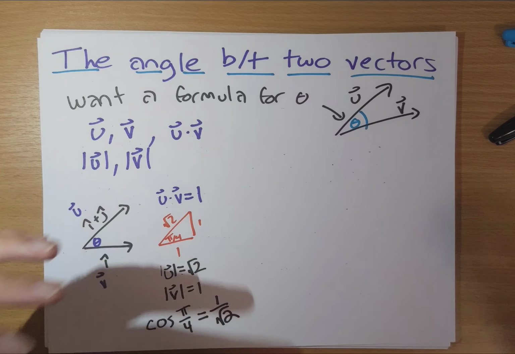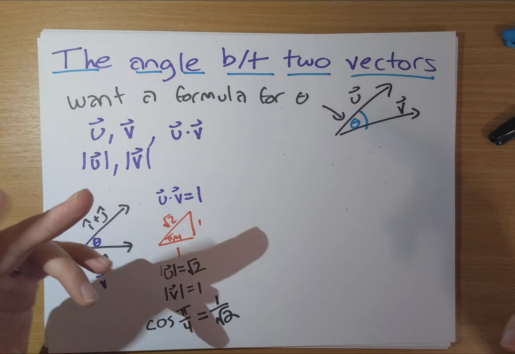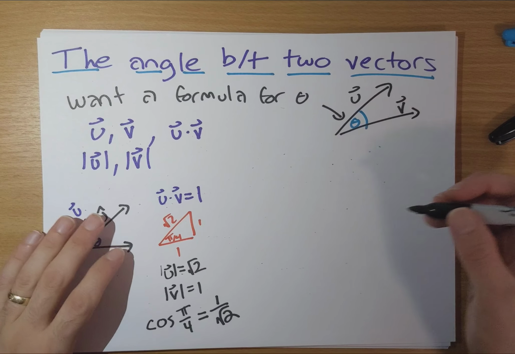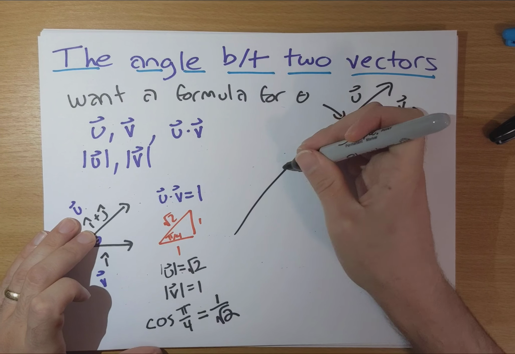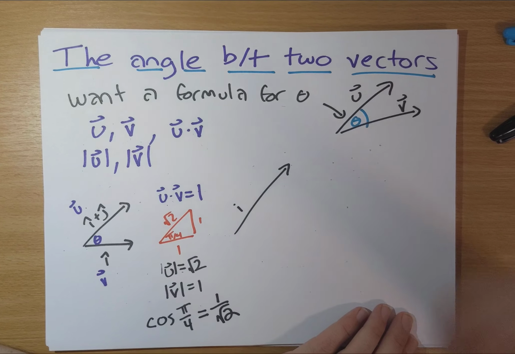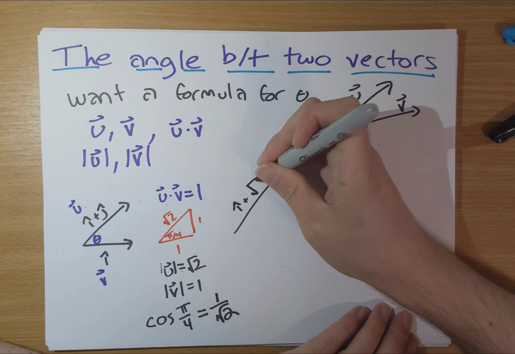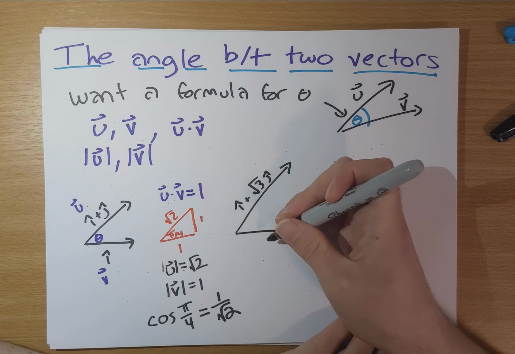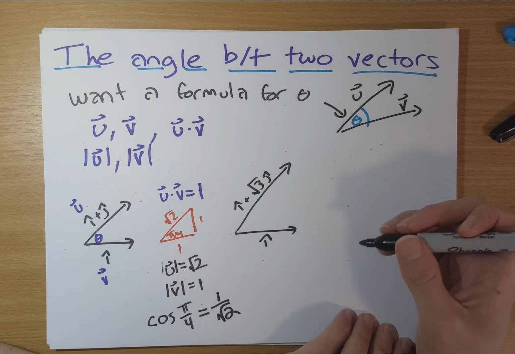Also, whatever we do should be symmetric in u and v. If we interchange u and v, that shouldn't change anything. Let's do one more example here. So let's suppose that this is i hat plus square root 3 times j hat, and this is i hat.